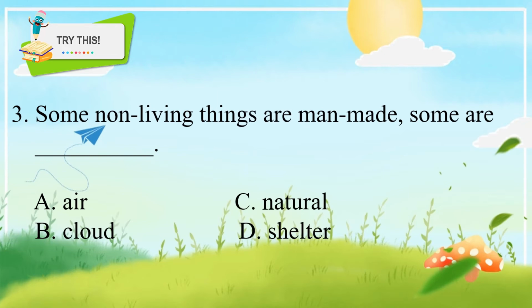Number 3. Some non-living things are man-made. Some are A. Air, B. Cloud, C. Natural, D. Shelter.